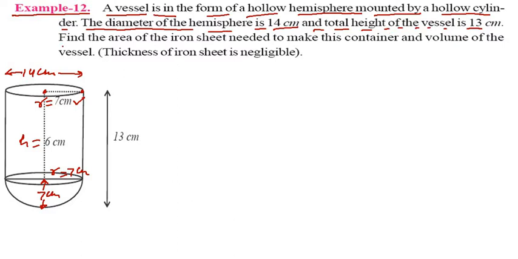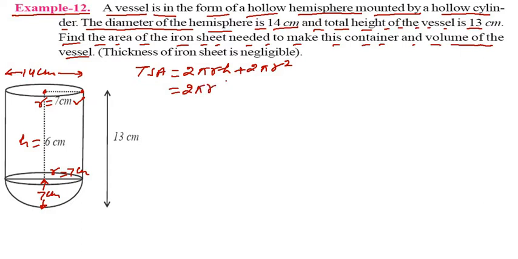Now find the area of the iron sheet needed to make this container and the volume of the vessel. Let us start with the total surface area. So TSA means the curved surface area of the cylinder, that is 2 pi RH, and the curved surface area of the hemisphere, that is 2 pi R square. Now here 2 pi R is common, so we get H plus R. So 2 pi is 22 upon 7, R is 7, H is 6 centimeter, and plus R is 7.